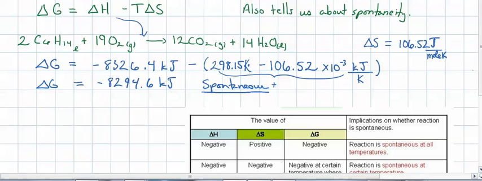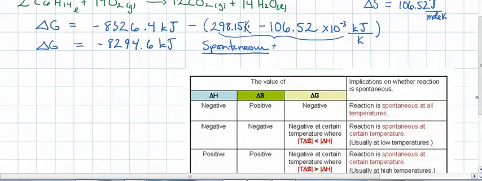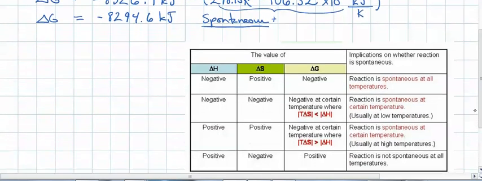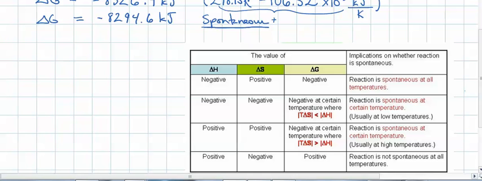This chart shows us what happens with different combinations of delta H and delta S. If we have a negative delta H and a positive delta S, delta G will always be negative, at all temperatures. If you have a negative delta H and negative delta S, which we do in this case, then it's negative at certain temperatures.